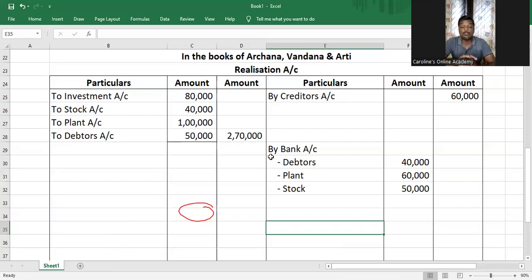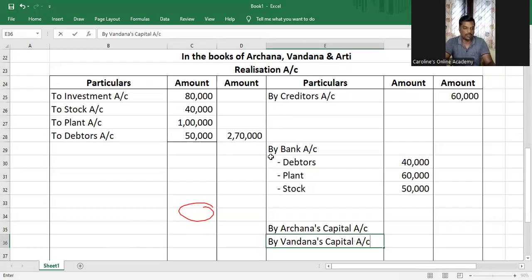Therefore, the journal entry will be partner's capital account debit to realization account. And here it is by Archana's capital account and by Vandana's capital account.